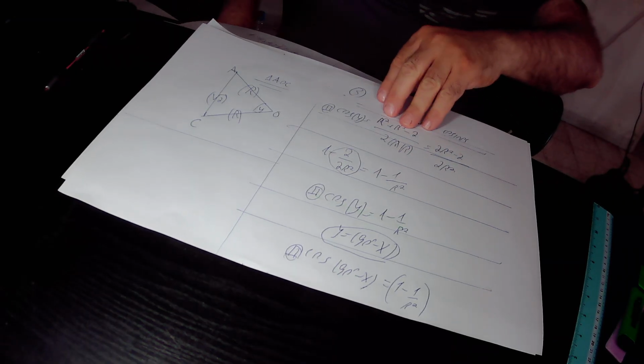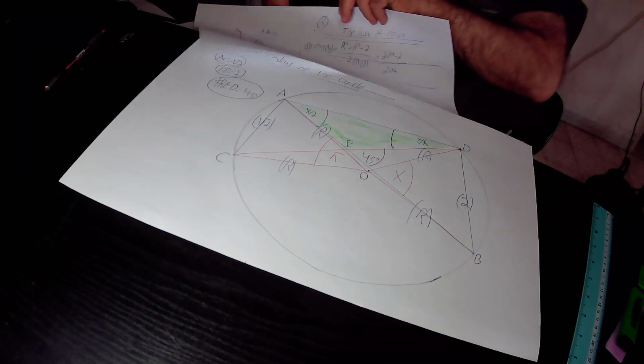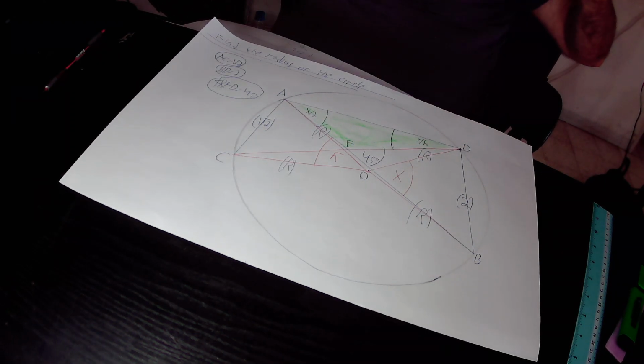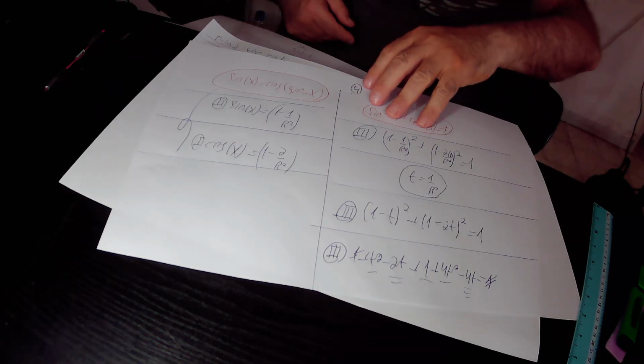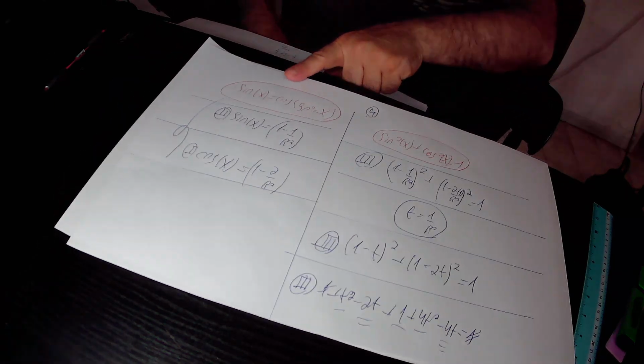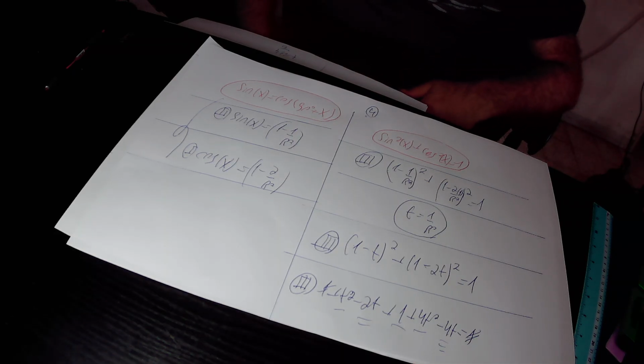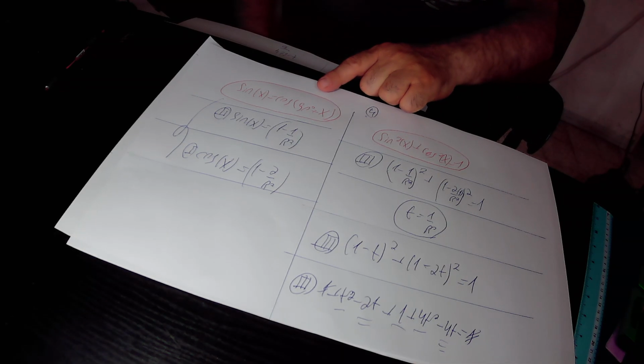But here we have the trigonometric identity that states that sine x equals cosine (90 degrees minus x). So according to this trigonometric identity, we can substitute cosine (90 degrees minus x) by sine x in equation 2.